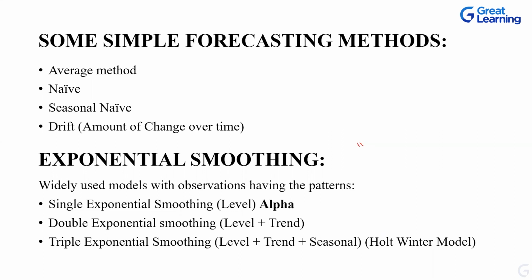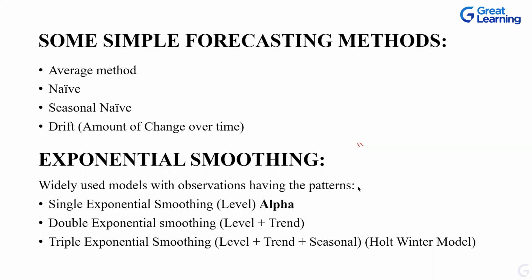Seasonal naive is almost like the naive, wherein if it is a seasonal product, let's say Apple sales, every December we see higher Apple sales. If that is the case, and this month is a December month, we will say what was the last December's sales, right?